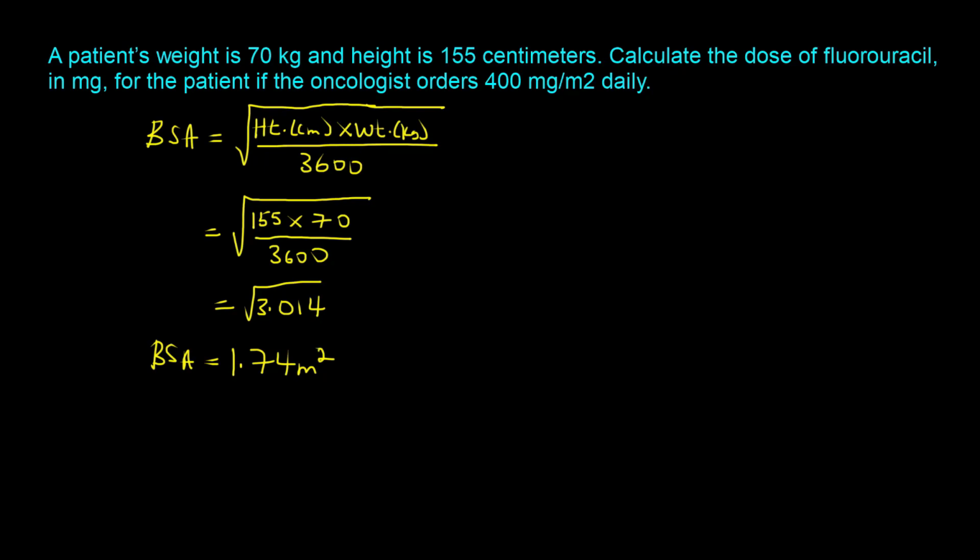But we don't stop here. So what we now do is we take the normalized dose, which is the 400 milligrams per meter squared, and we multiply that by the body surface area, which is the 1.74 meters squared. So the meter squares cancel out and you end up having 696 milligrams.